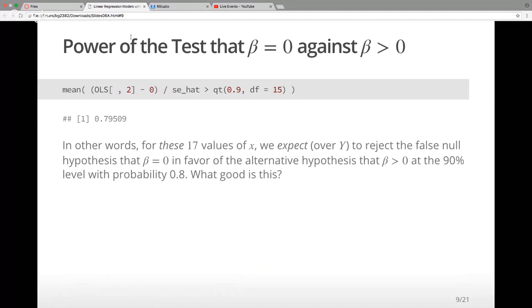So in 80% of the data sets, that will happen. Not 100. So 20% of the time, you would fail to reject the null hypothesis that the coefficient is 0, even though in this data generating process, we constructed it with a coefficient of 2.